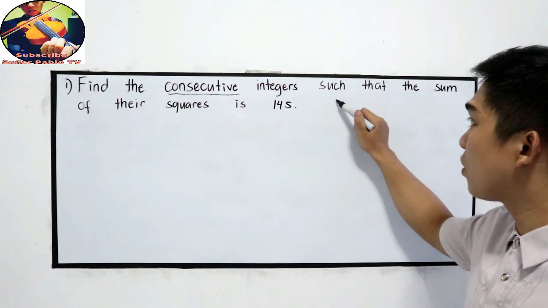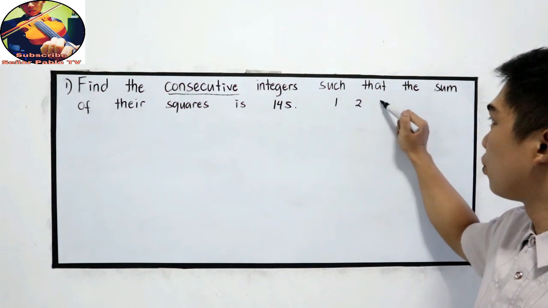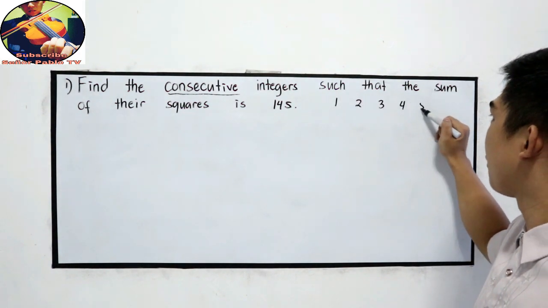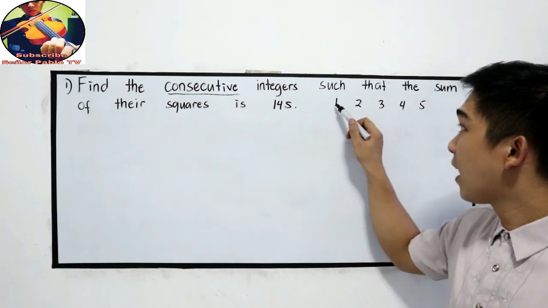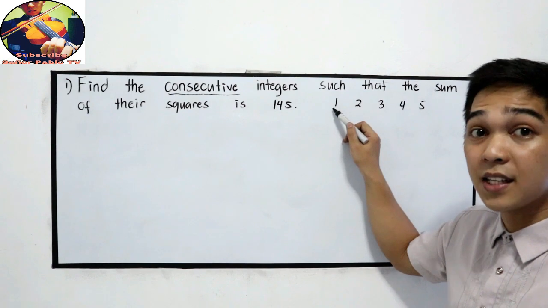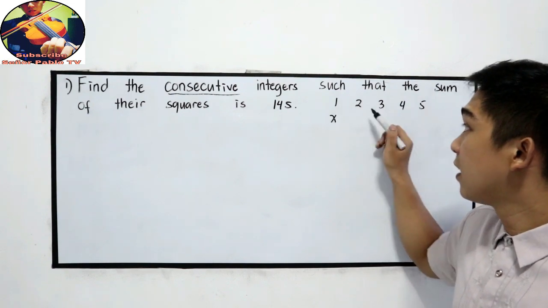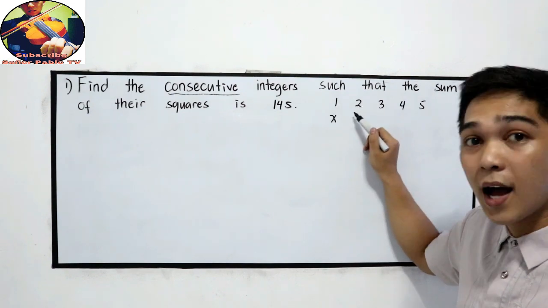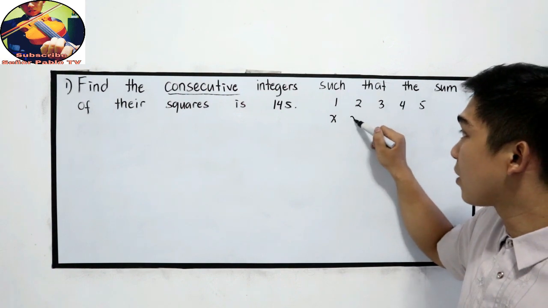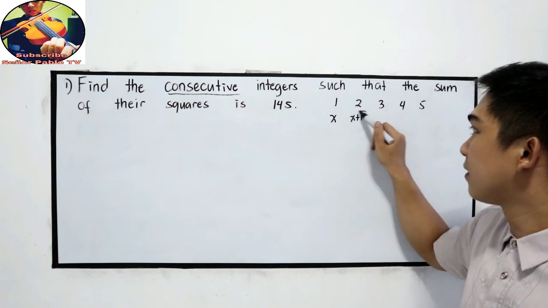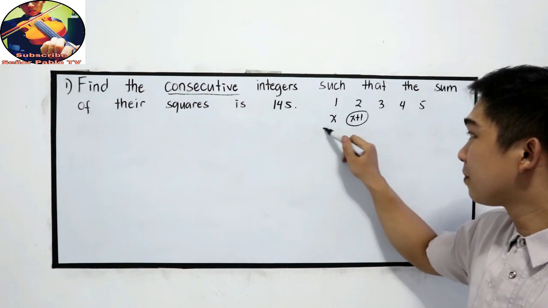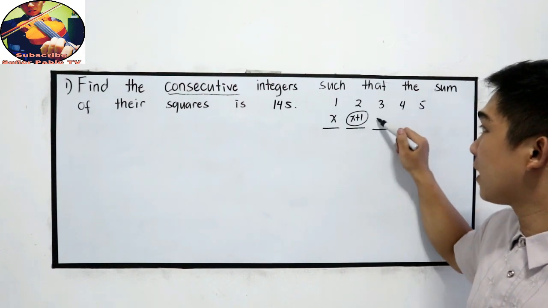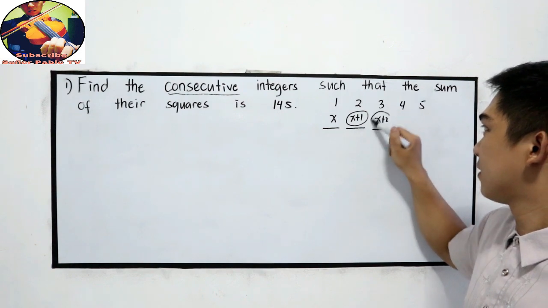Let's say meron tayong 1, 2, 3, 4, 5. Nire-represent natin yan. Let's say, ang first integer natin ay x. Para makuha yung ikalawa, nag-add tayo ng isa. So, x plus 1. Para naman makuha yung ikatlo, nag-add tayo ng dalawa.